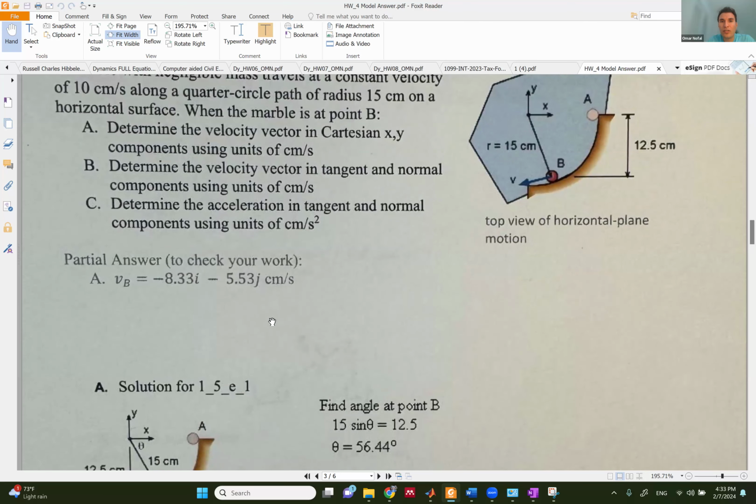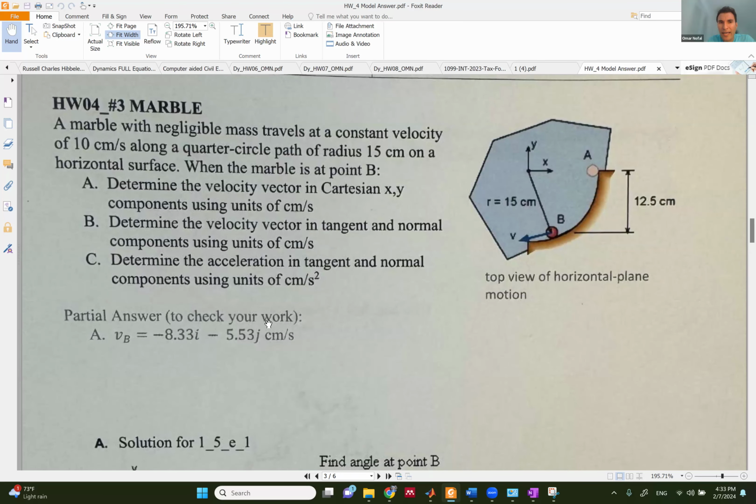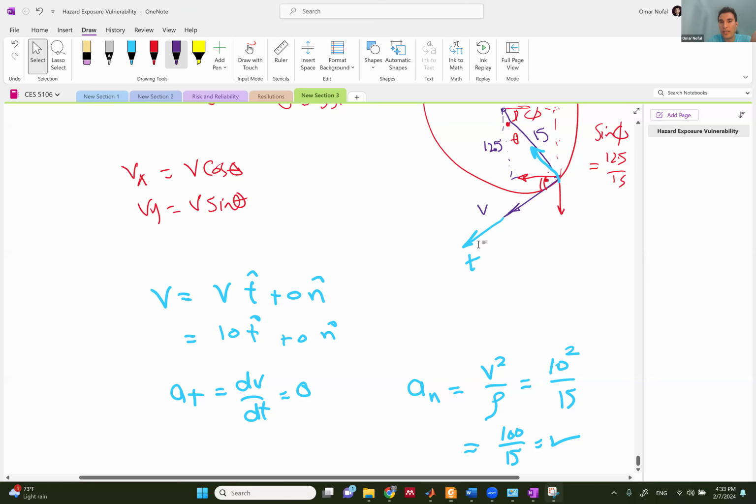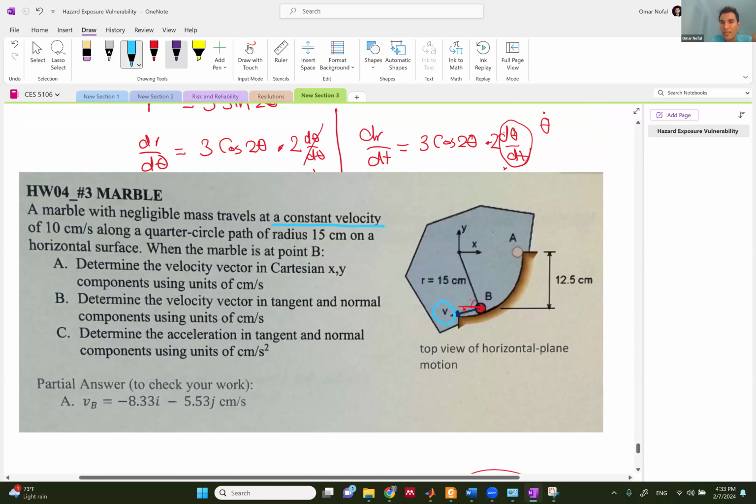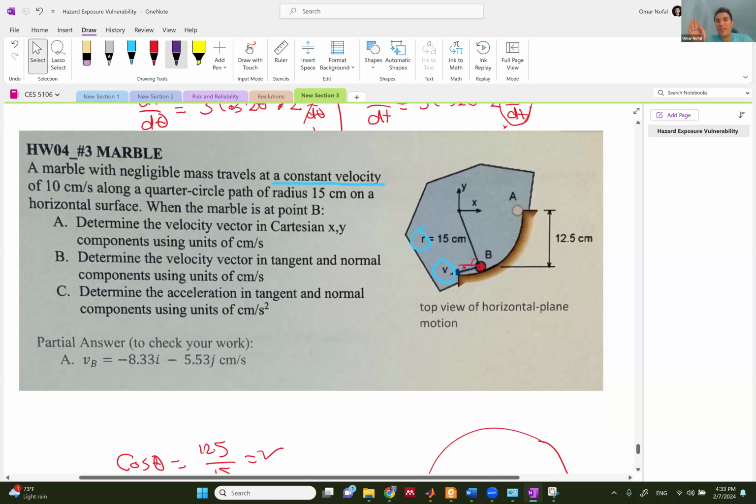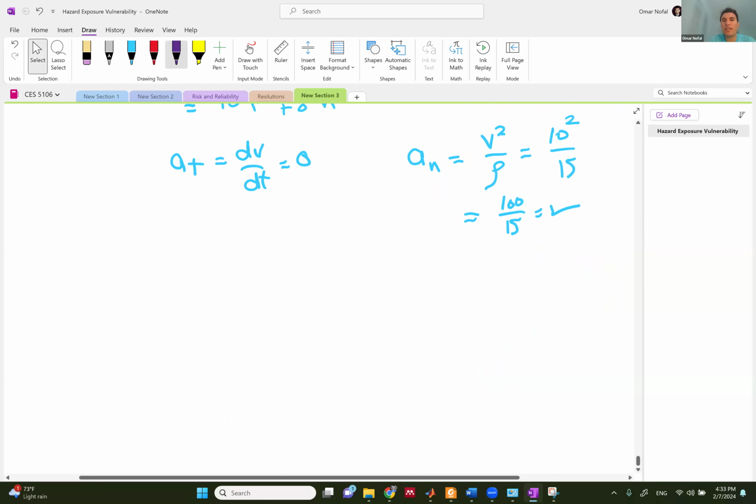So this is how I can get the normal acceleration. Keep in mind, normal acceleration doesn't depend on whether the body is accelerating or decelerating. It only depends on what velocity the body is moving with, which is the one given here in this problem, and the radius. As I told you in the lecture, imagine that there's a road and there's an exit from the road that you need to take, something like this.